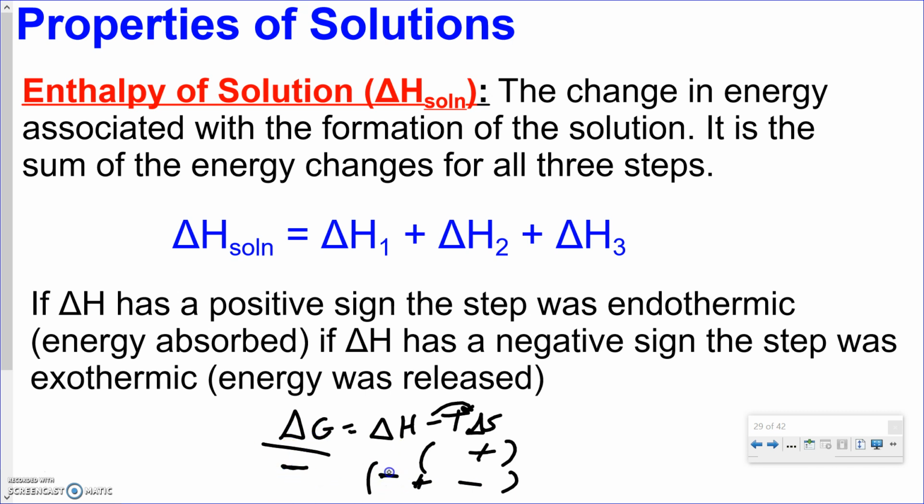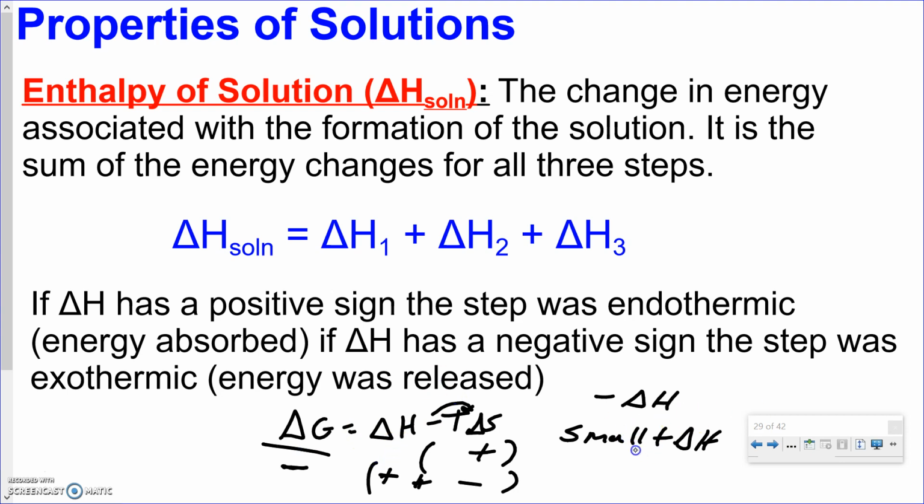We can also have a small positive delta H, so we want either a negative delta H or a small positive delta H. And the reason I'm saying a small positive delta H is if I add a small positive with a large enough negative, they will add up to still give us a negative. It may be a small negative, but a negative delta G is a negative delta G, which means it's spontaneous regardless of its size. So that's what we're looking for here.